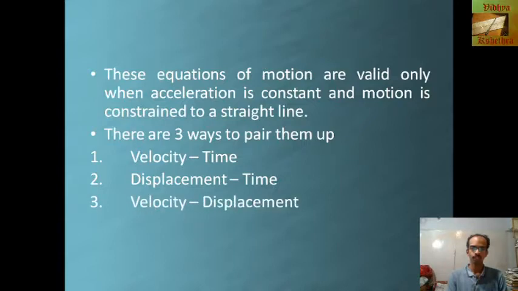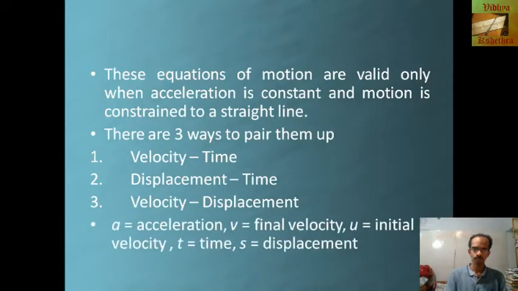Then third is the velocity-displacement. In this whole presentation, these are what these alphabets denote. That is, a is equal to acceleration, v is equal to final velocity, u is equal to initial velocity, t is equal to time, s is equal to displacement.